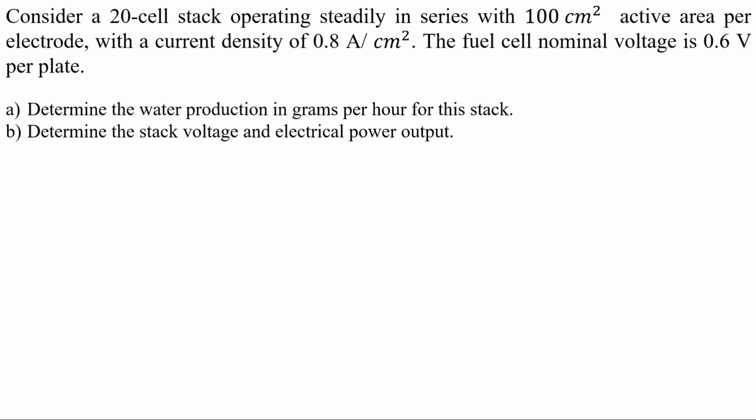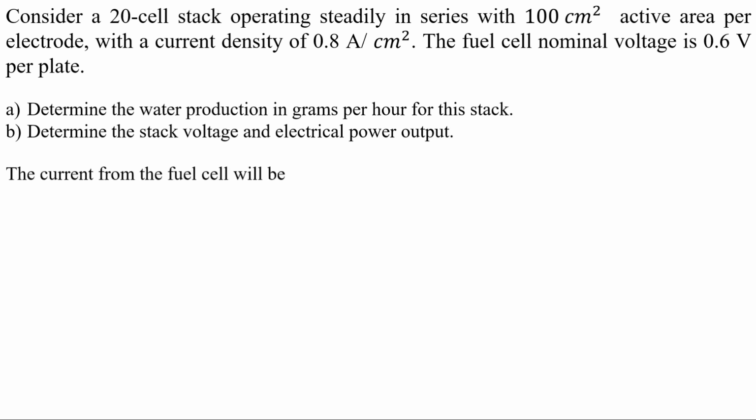The fuel cell nominal voltage is 0.6 volt per plate. We have to determine the water production in grams per hour for this stack, and we have to determine the stack voltage and electrical power output.